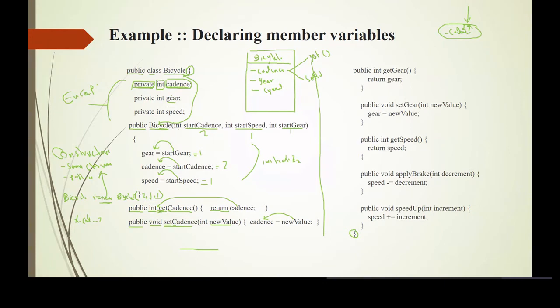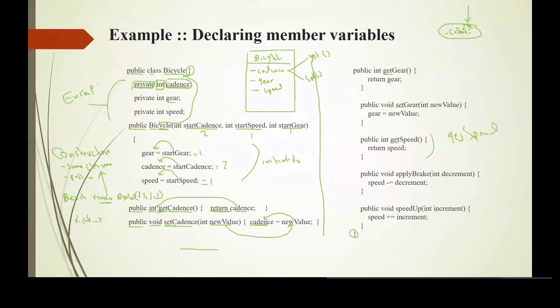The get has only one statement: return the variable name, and the set also has one statement: set the variable value to the new value. You send the new value, and this new value will be saved into the variable. Same thing, we need a get and set for each variable identified as private.